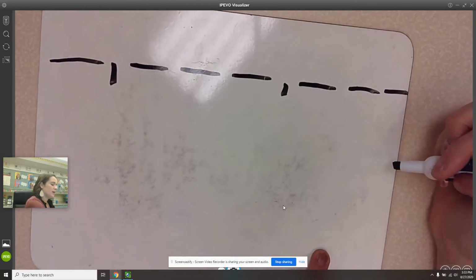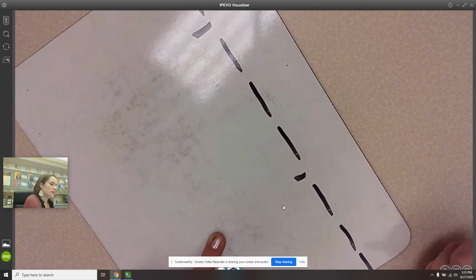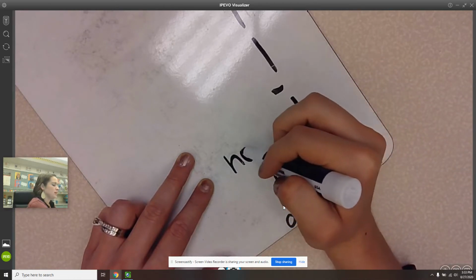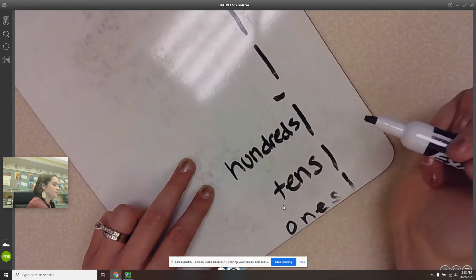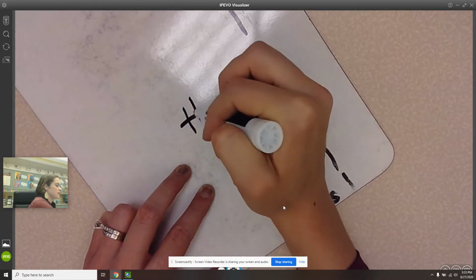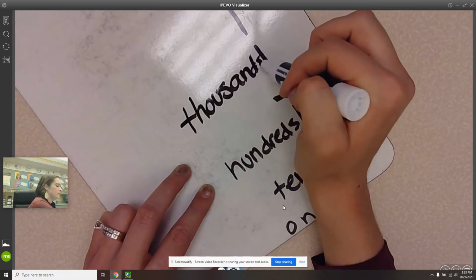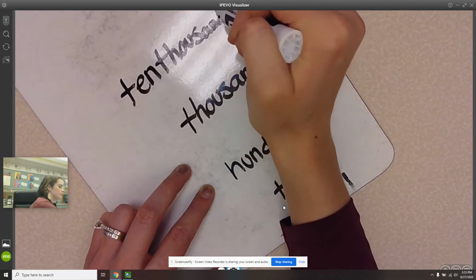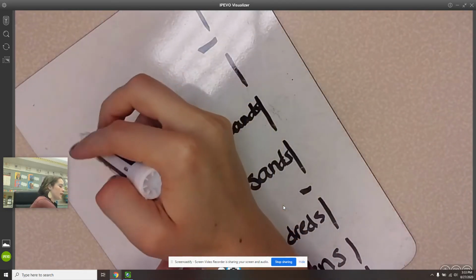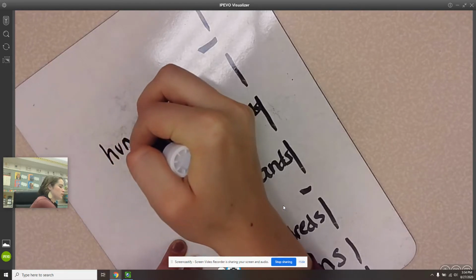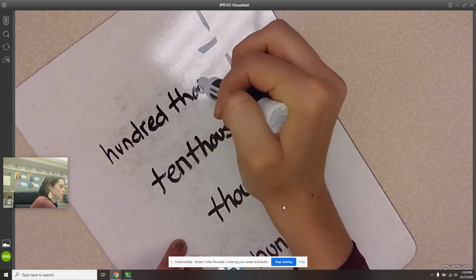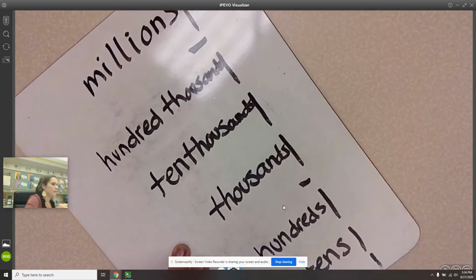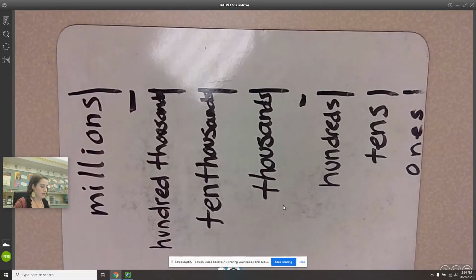Okay, so our first one is the ones, then our tens, then hundreds, thousands, ten thousands, one hundred thousands, and millions. Okay, so there is our place value.